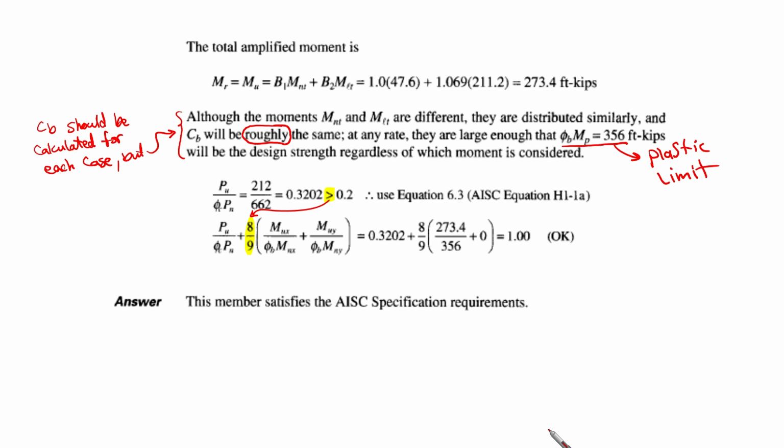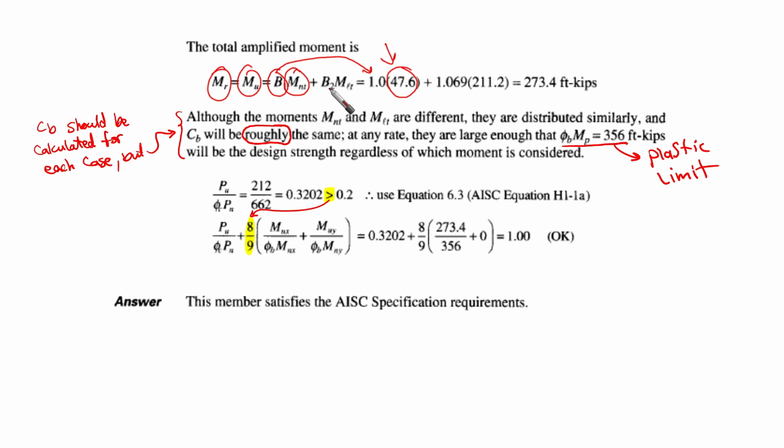So the total amplified moment in this case, we are going to have MR equal to M ultimate. B1, which is 1, already we have done this before. So MNT is not going to be changed. It would be maintained as it is, 47.6, right?